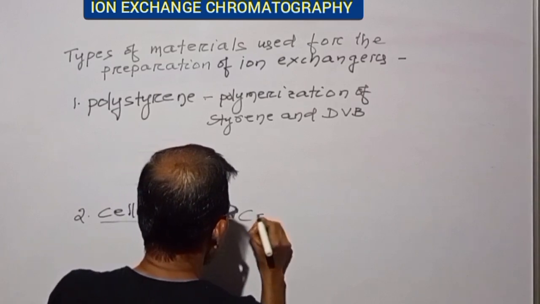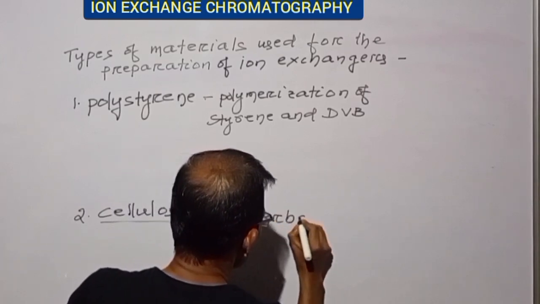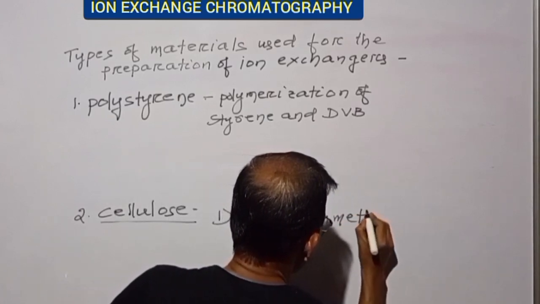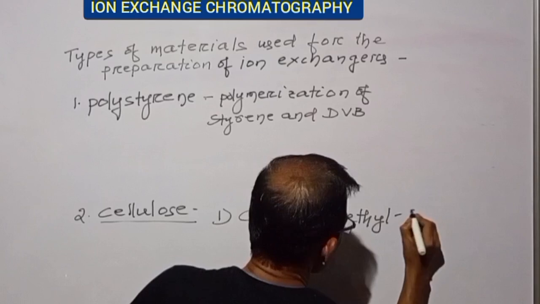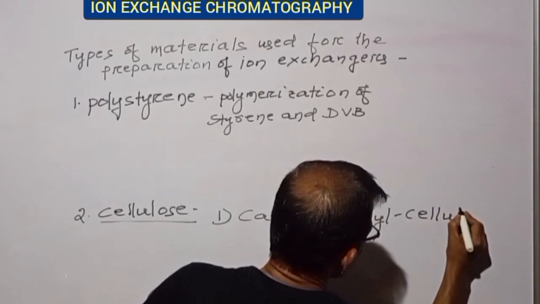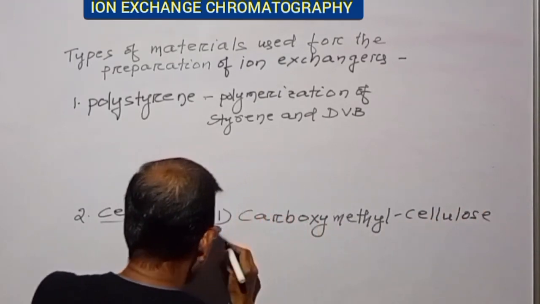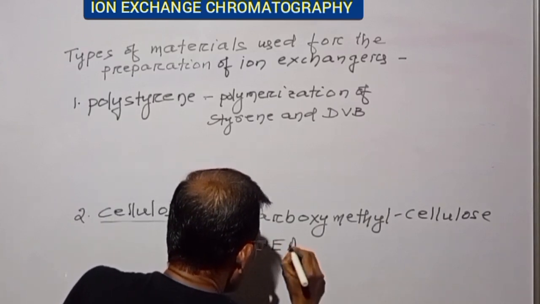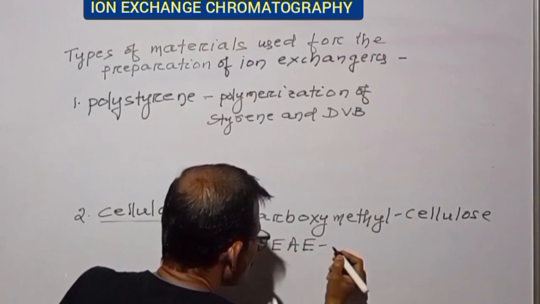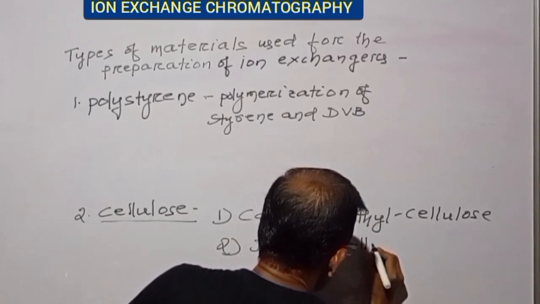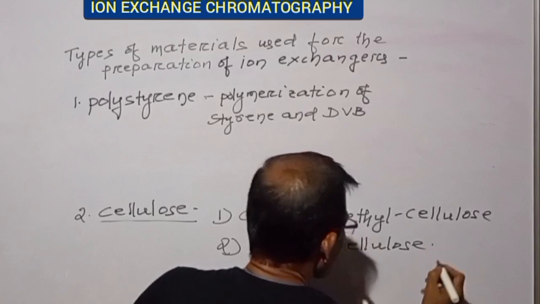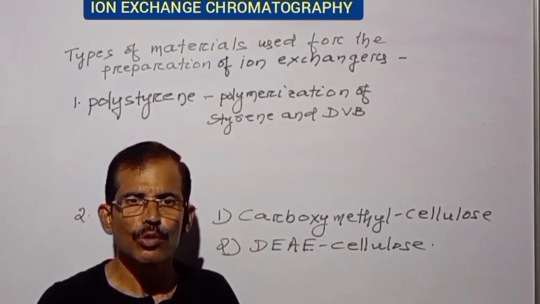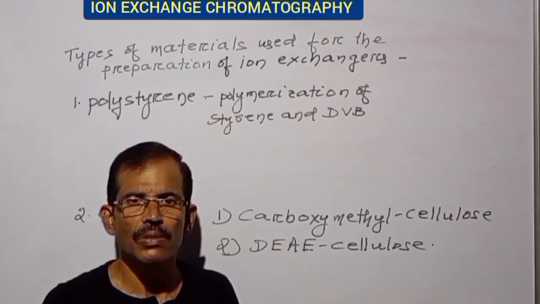One is carboxymethyl cellulose, and the second one is DEAE cellulose.